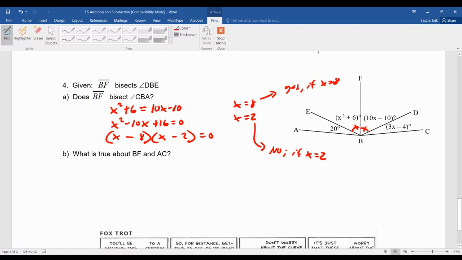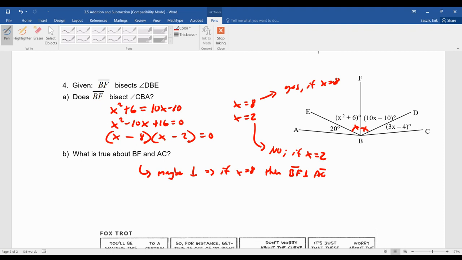Okay, so, does BF bisect CBA? It might. Depends. We have two possibilities for X here. And same thing, what is true about BF and AC? They may be perpendicular. If X equals 8, then BF is perpendicular to AC, as the big angles on both sides are both 90.